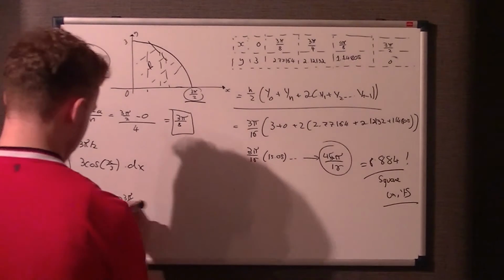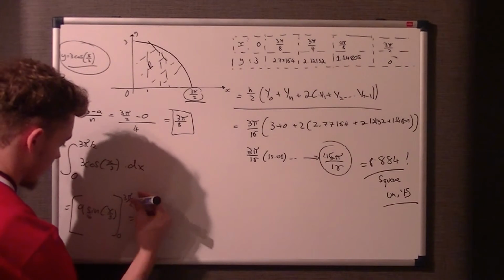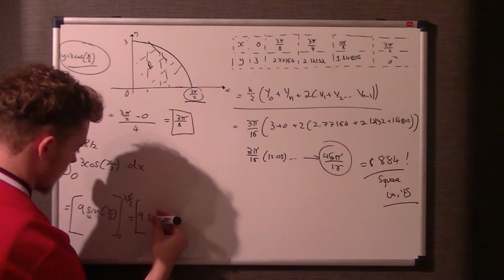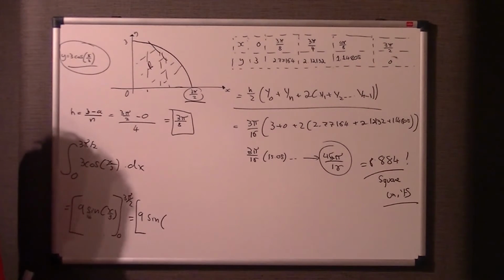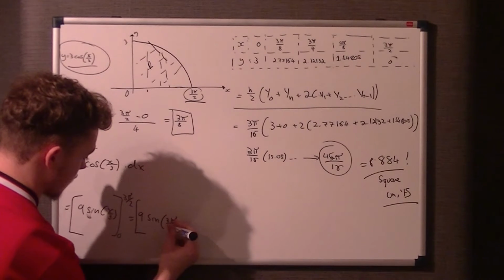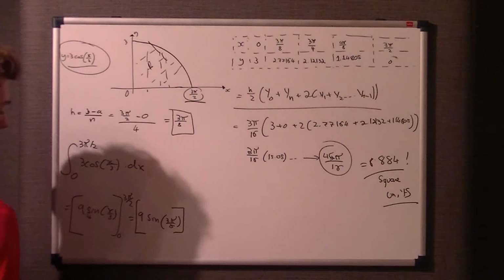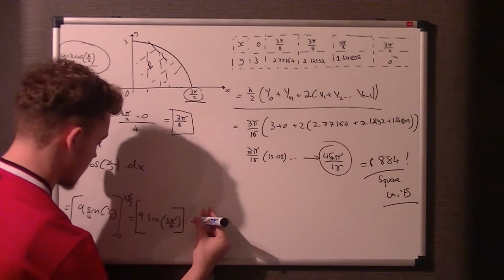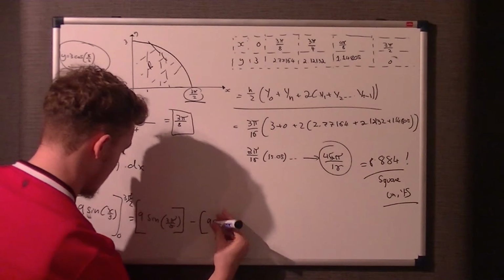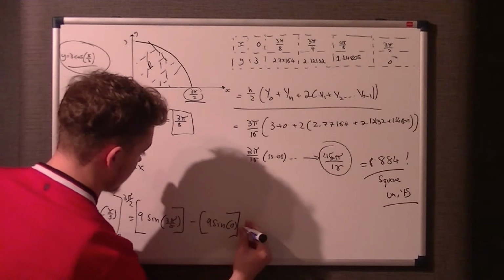So the first one is 9 sine x being 3 pi on 2 over 3, so that's 3 pi on 6, or you can just write 3 pi on 2 divided by 3. Take 9 sine 0 and that is weirdly enough 0 in maths.